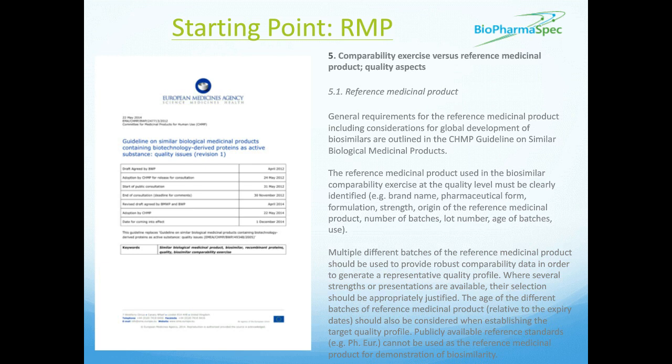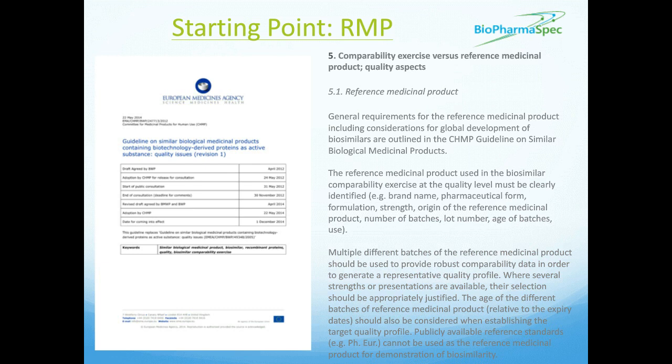So it gives you your playing field of what you're aiming for, and helps you understand your target molecule a lot more. And as it says here, the EMA talks about the reference medicinal product and the different ages and different batches and what should be used as your RMP with regards to the specific formulation and lot.